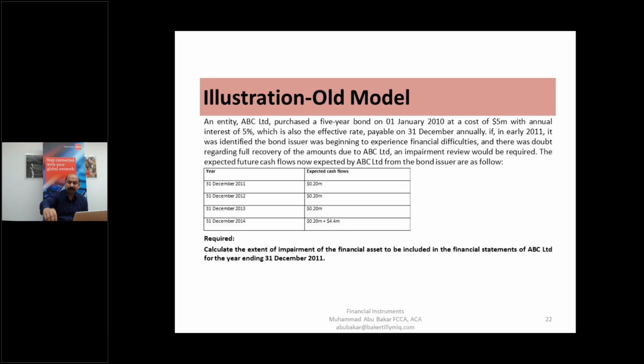So you multiply the cash flows by the discount factors: 1 divided by 1.05, 1 divided by 1.05 raised to power 2, 1 divided by 1.05 raised to power 3, and 1 divided by 1.05 raised to power 4.